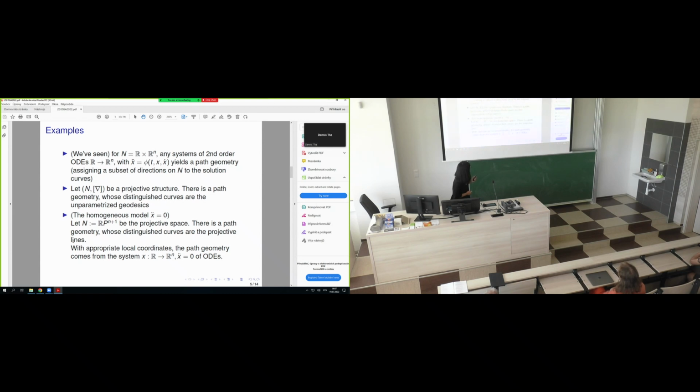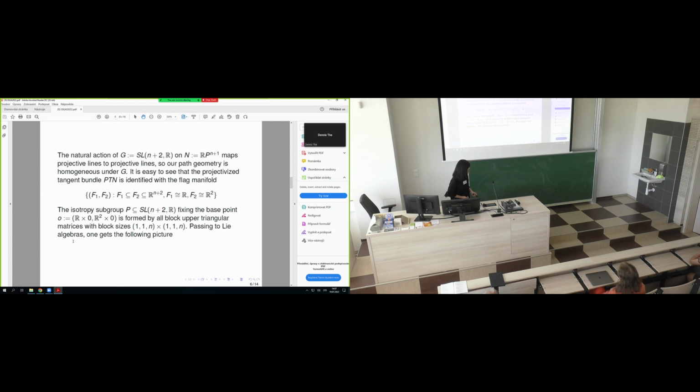And this is a homogeneous path geometry because, say, let G equal SL(n+2, R), and its canonical action on the projective space sends projective lines to projective lines, hence it's an action on the path geometry.